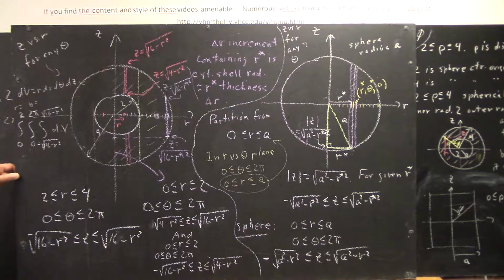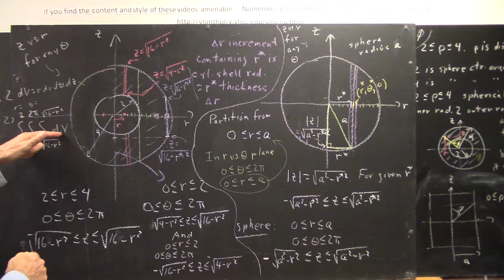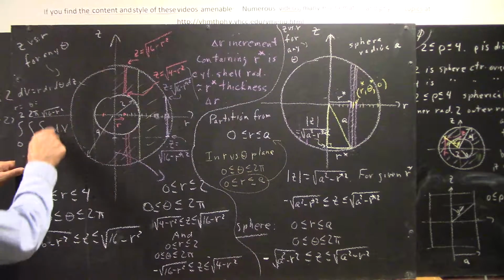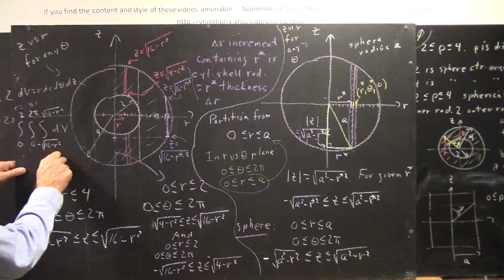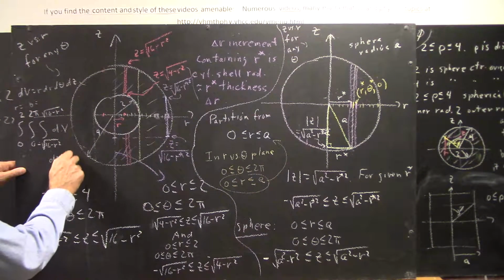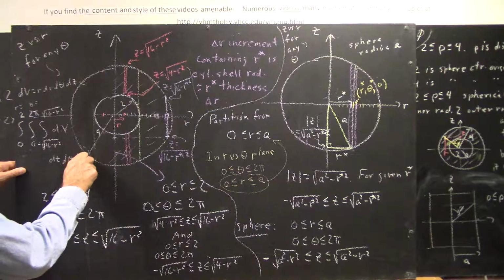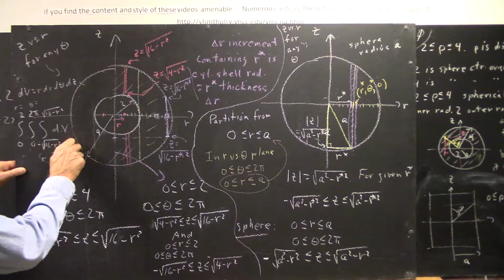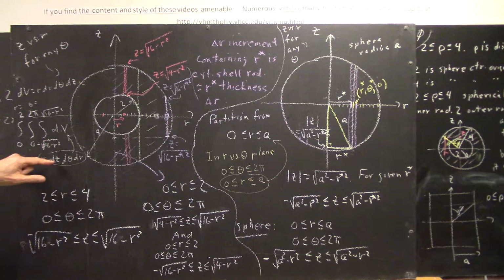Now our dV would be, again, in this case, the first thing we'd integrate with respect to is z, so it would be dz, and then d theta dr, and of course we'd have our r there. So to match the order of these variables with the order of the description, we would have to use this.